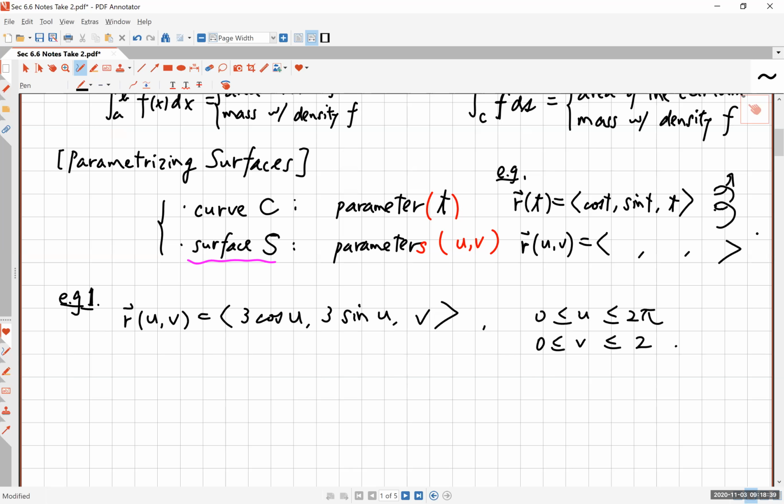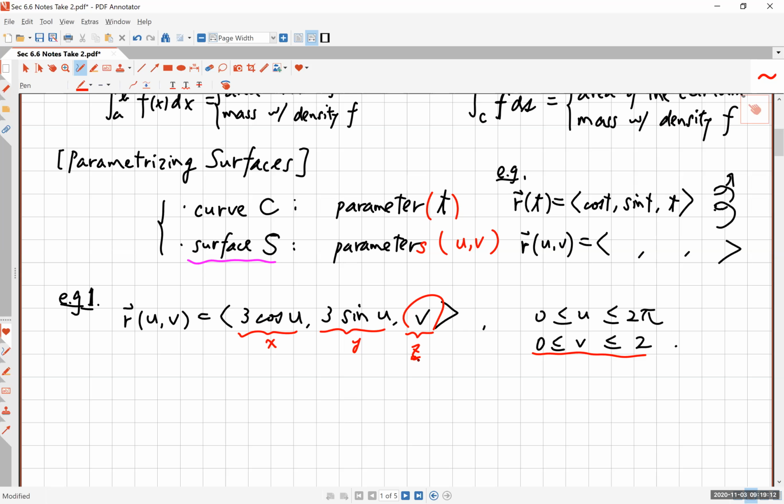If you want to stare longer, you can pause this video and stare at these 3 coordinates for a while, and then try to think of how you would visualize this. The key is to look at the relationship between the x, y, and z coordinates. You probably notice at the beginning that V does not belong to X or Y. So V goes from 0 to 2, but that simply controls the last component, which is Z.